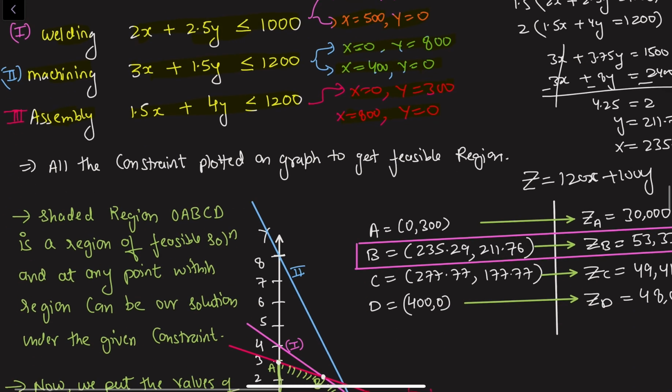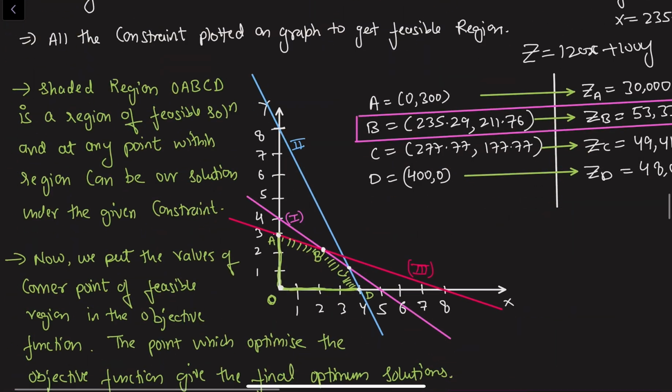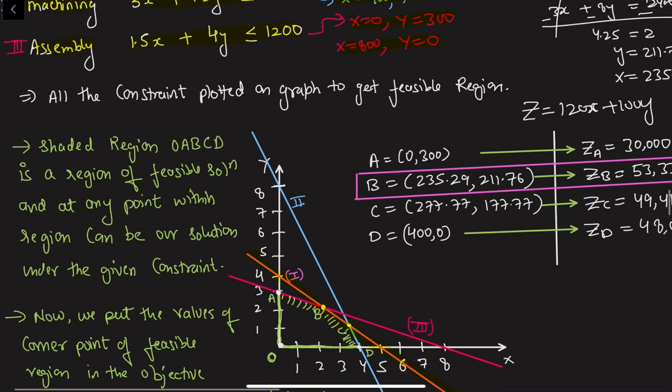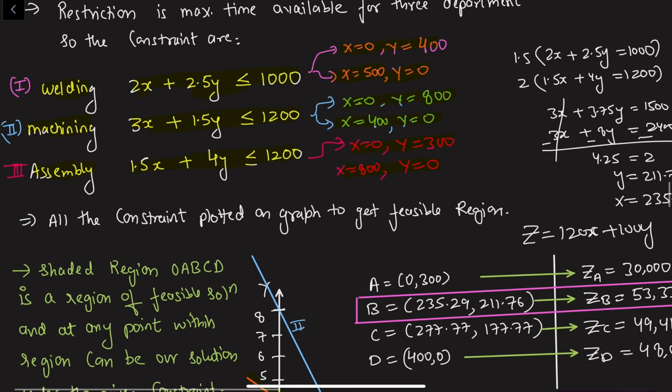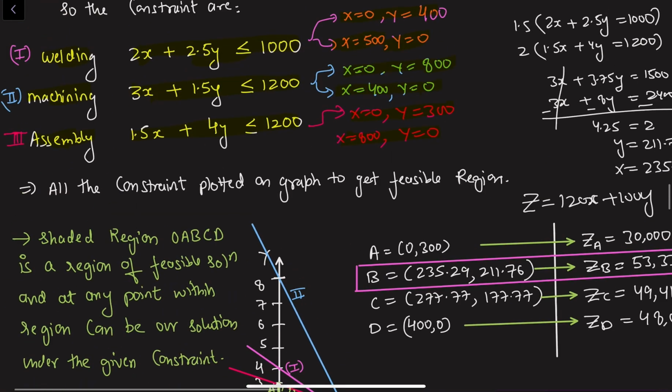From this, I will plot a graph. For welding, I have used the pink line, and it will be drawn something like this, which is nothing but your 0, 400, and the second point, 500, 0. So I've joined the line. Then I will draw another line.